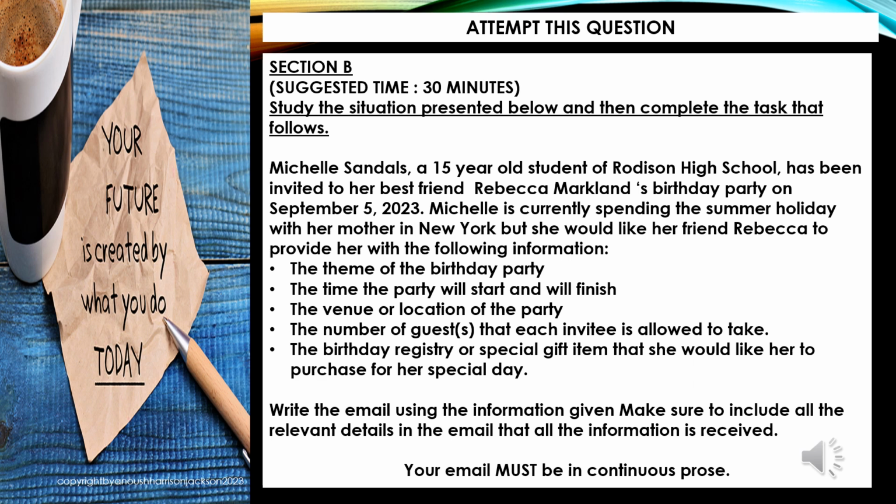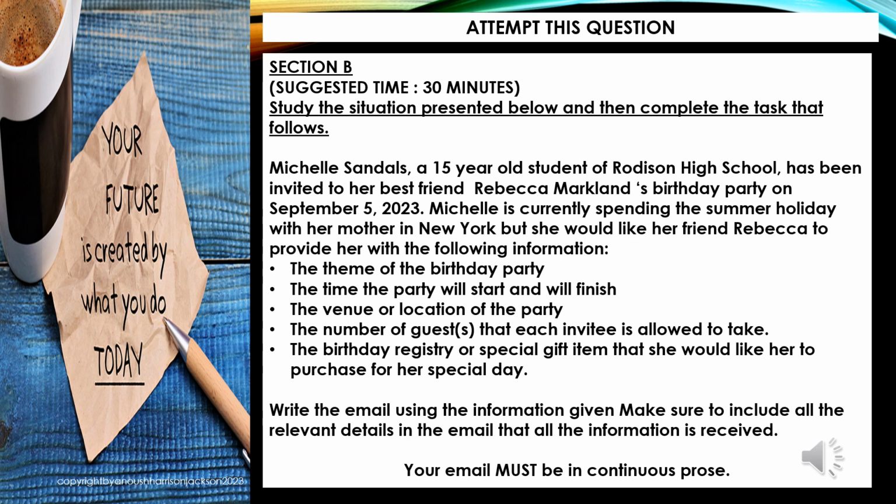Michelle Sandals, a 15-year-old student of Rodison High School, has been invited to her best friend Rebecca Markland's birthday party on September 5th, 2023. Michelle is currently spending the summer holiday with her mother in New York, but she would like her friend Rebecca to provide her with the following information.